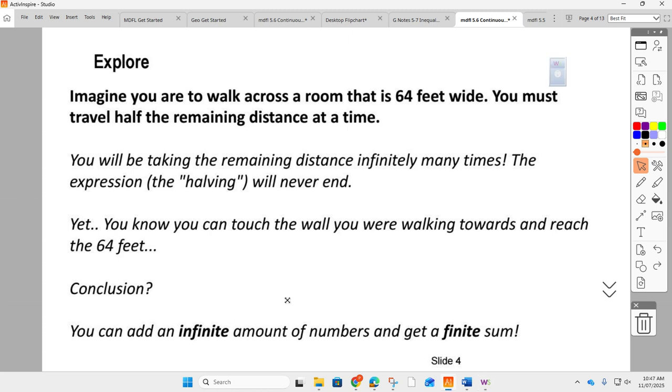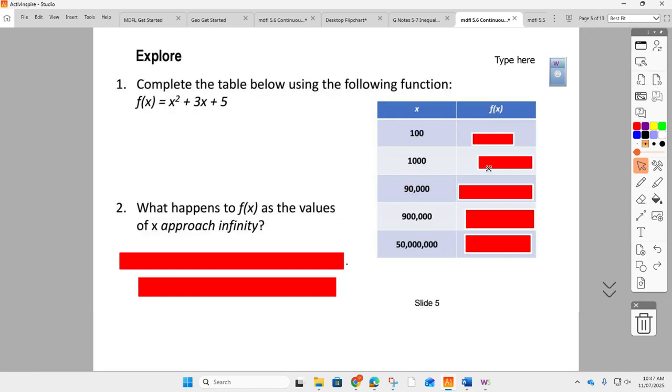We can have an infinite amount of numbers and get a finite sum. So 64 feet is a finite amount, but it could be the sum of an infinite number of halves of that, right?